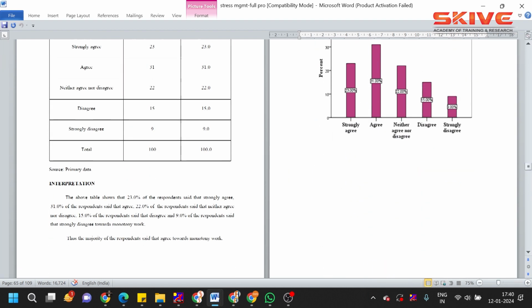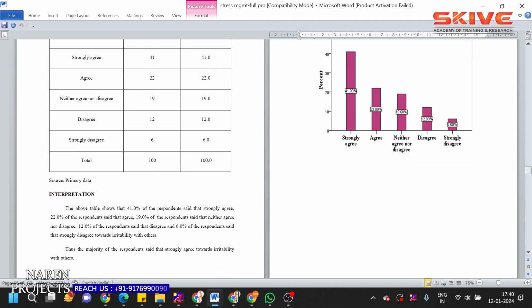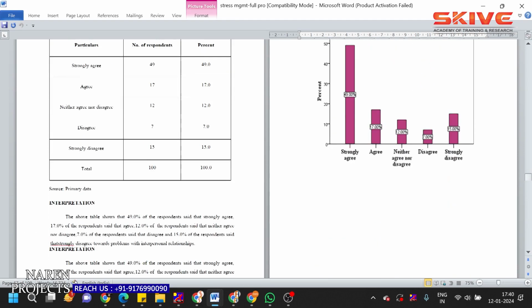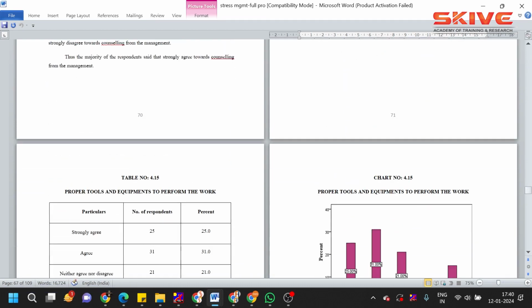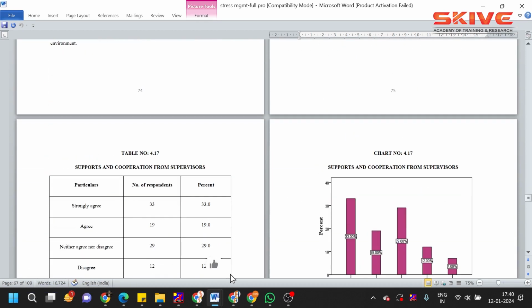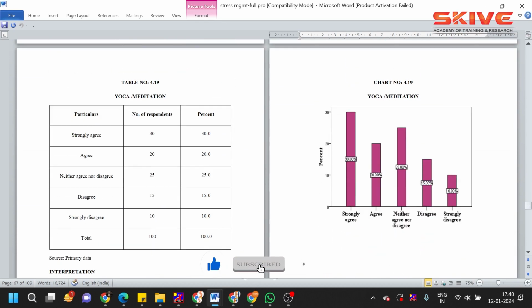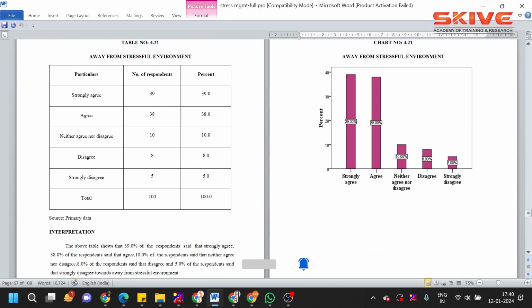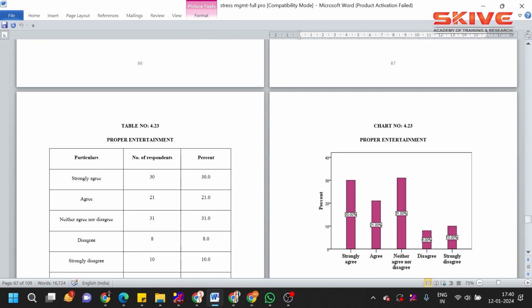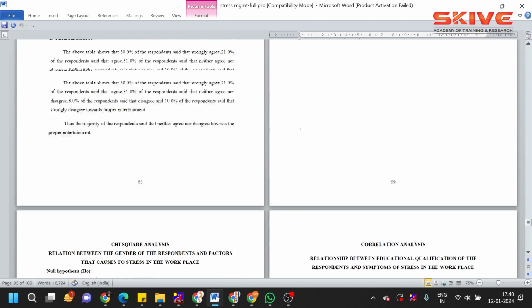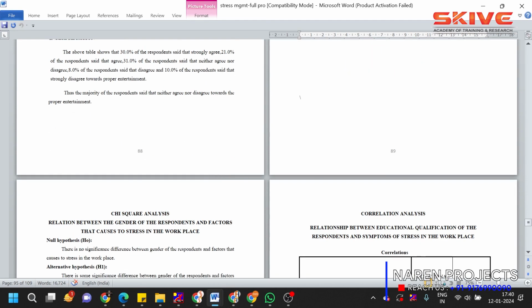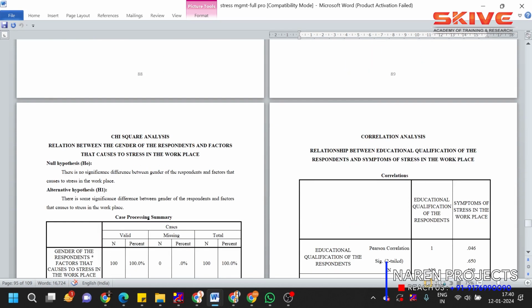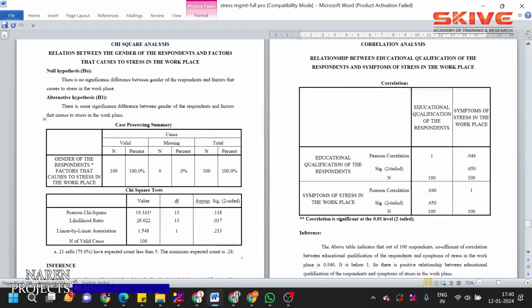Like this, all the questionnaires were analyzed using tables and bar charts. For all 26 questions, the data analysis and interpretation were made, and then we used chi-square analysis and correlation analysis.